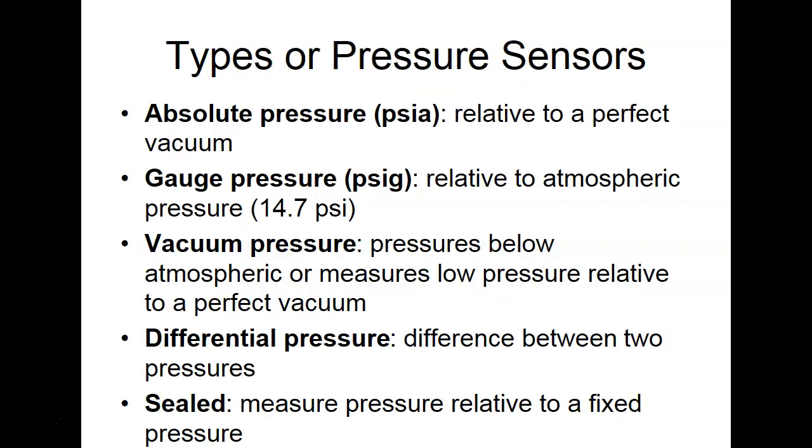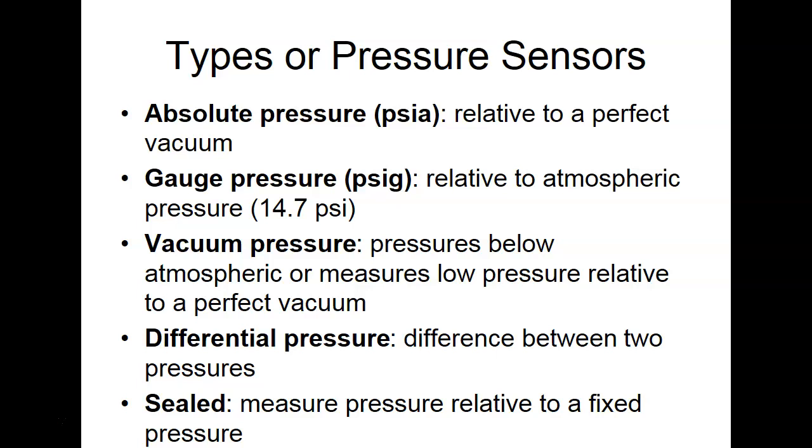So here are the different pressures that your gauge is going to measure. We have what we call absolute pressure. This is relative to a perfect vacuum. We have gauge pressure. This is relative to atmospheric pressure. Most of our gauges measure gauge pressure, and this is why it's got the name. So if you've got a pressure gauge and you look at it and it's sitting at 0, that's gauge pressure, right? If you had absolute pressure, then that pressure gauge would be set at about 14.7 psi at sea level.